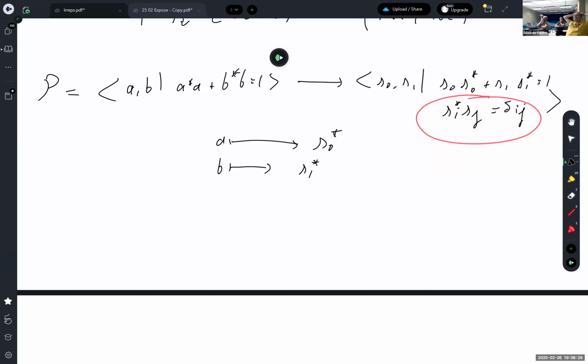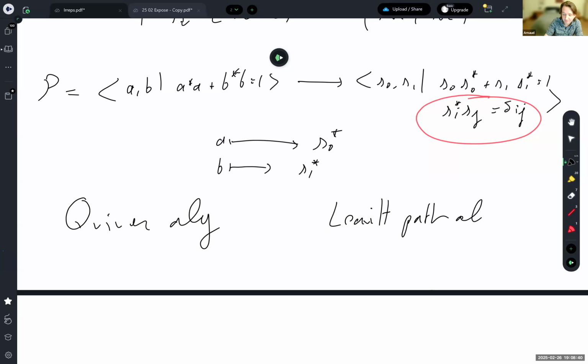It will be the same when you do quiver algebra versus Leavitt path algebra. Here it's even stronger because you remove generators, but it's the same spirit. And what is a quiver algebra? If I take the usual one, that would be the free algebra, on the left, for the Leavitt.